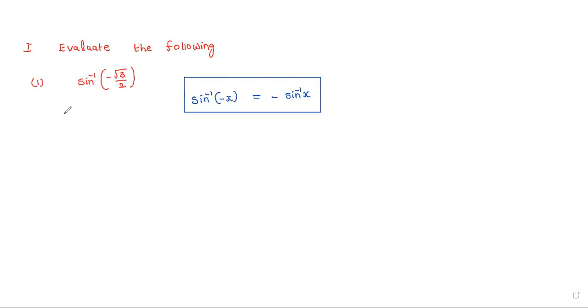Okay. So minus sin inverse of root 3 by 2. When does root 3 by 2 come? Sin 60 degree, that means pi by 3. 60 degree means pi by 3.